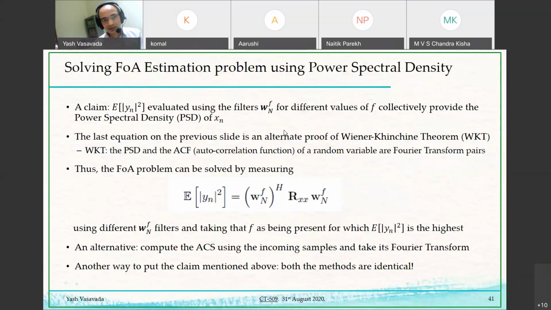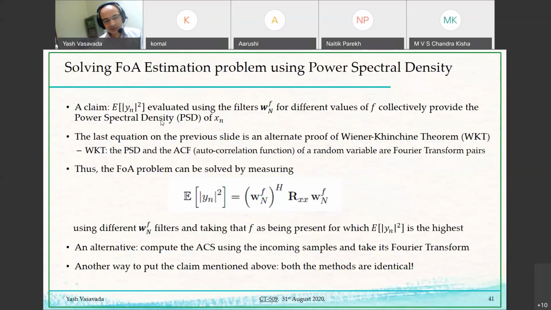When I take this expected value of y_n squared evaluated using these filters, it gives me the power spectral density. Now I can either take the power spectral density like this, or I can take the ACS and take its Fourier transform. I'll still get the power spectral density. And both these power spectral densities are going to be identical because I'm using the same value of capital N in either of these two approaches.